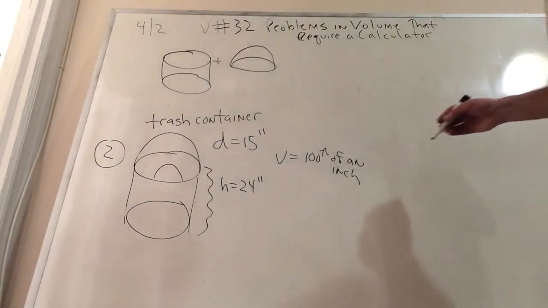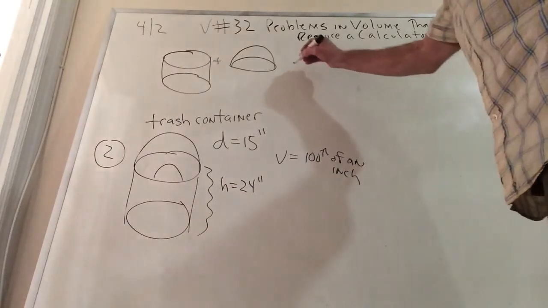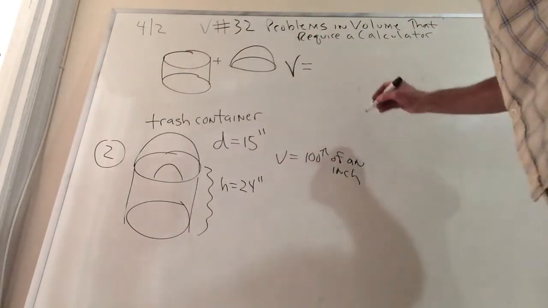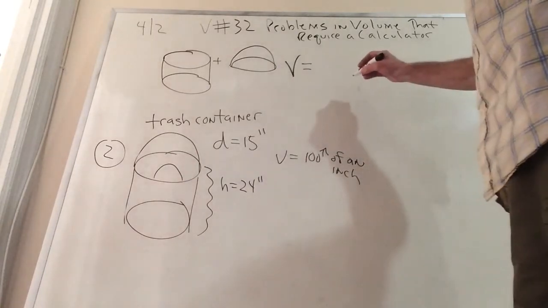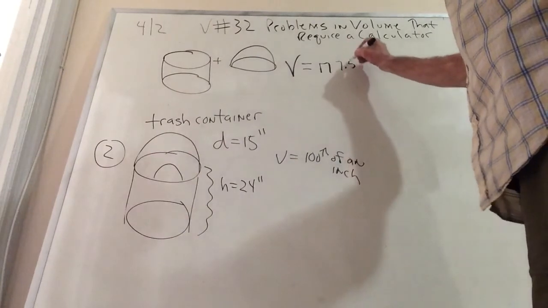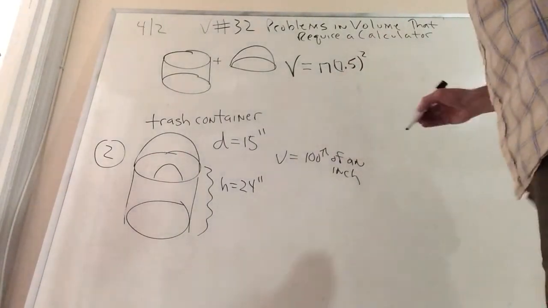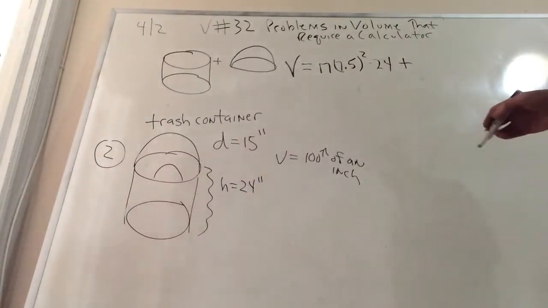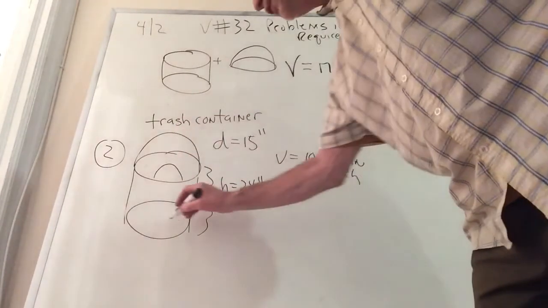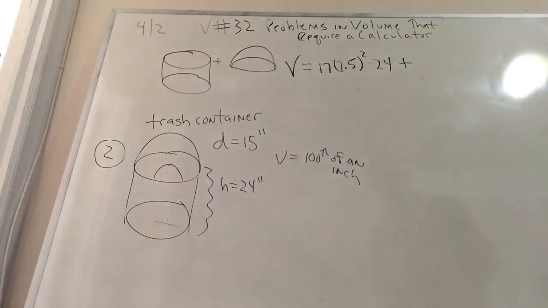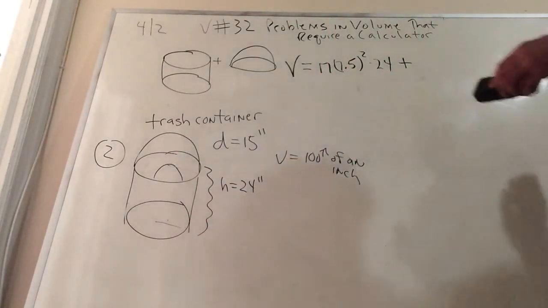Well, the container has a diameter, so V is going to equal half of 15, which is 7.5. I'm sure most of you are aware of that. So it's pi times 7.5 squared times 24, and then of course we add on the half sphere, but again they're attached. If this is 7.5, this is 7.5, so that's the whole point behind it.